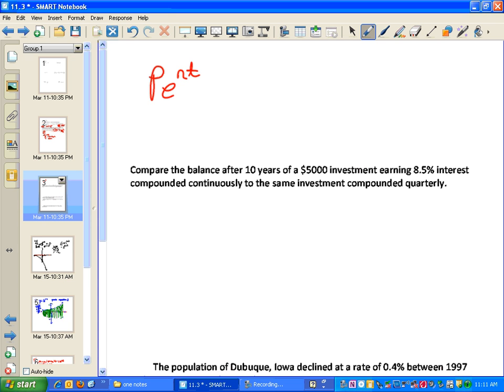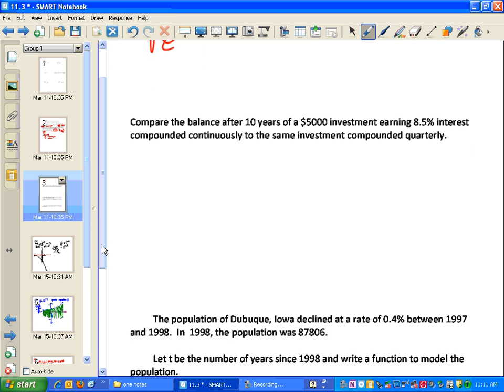Okay, so compare the balances after 10 years of a $5,000 investment earning 8.5% interest compounded continuously versus compounded quarterly. So here's an example of knowing which formula you want to use. This one is continuous, so my end amount is equal to my beginning amount of $5,000 times E, which is our base.